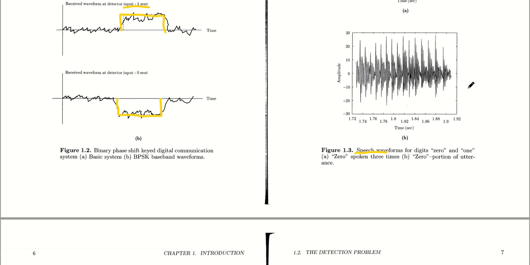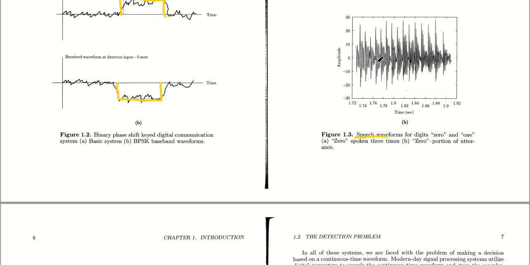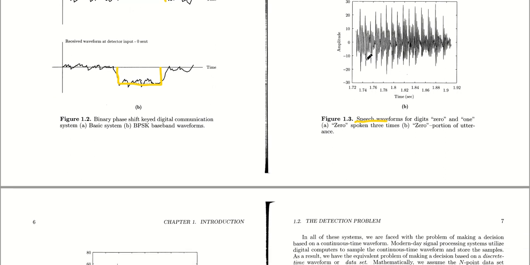The challenge is how do we translate that waveform into 0 or 1, right? Just by visualizing the waveform, we would not be able to distinguish. So it would actually require a very sophisticated system for detection.